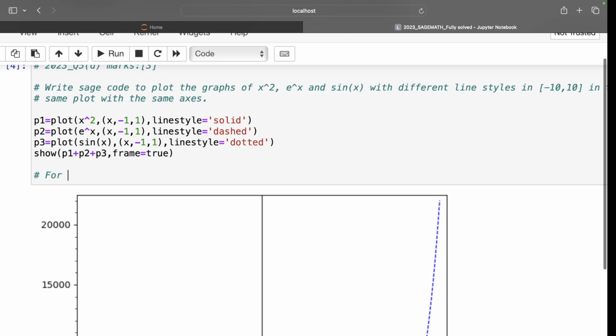For this interval -10 to 10, we cannot get a clear picture.